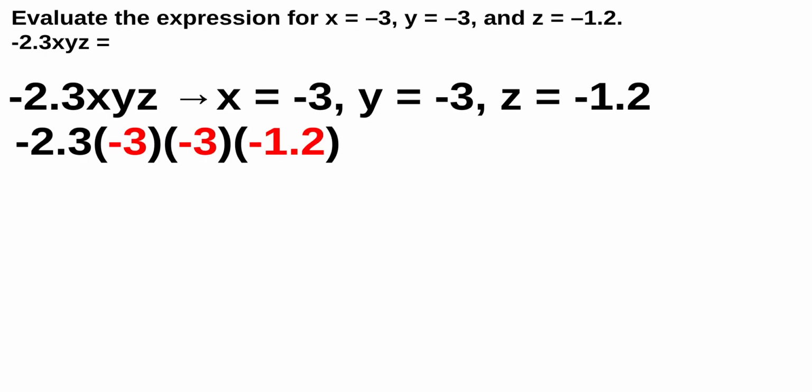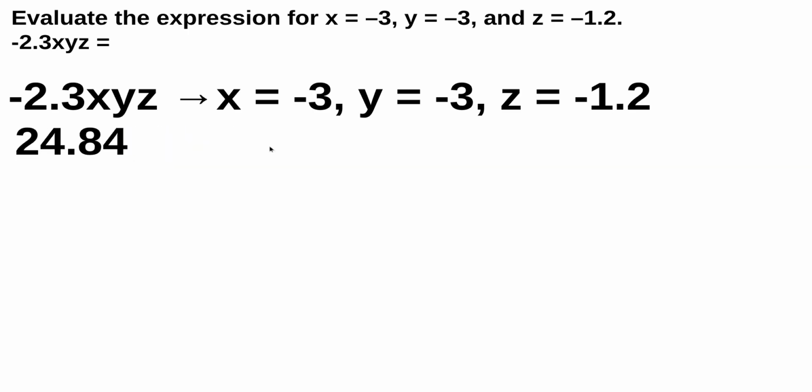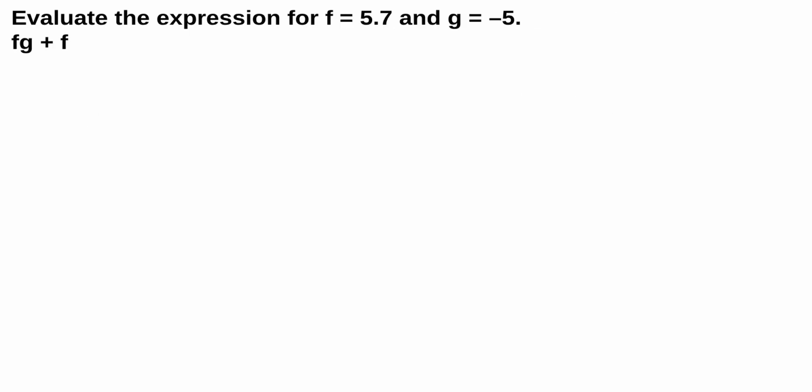Once you do this, we can simplify negative 3 times negative 3, which is 9, and 9 times negative 1.2, which is negative 10.8. And when we multiply a negative number by a negative number, it's going to result in a positive number. In this case, 24.84.